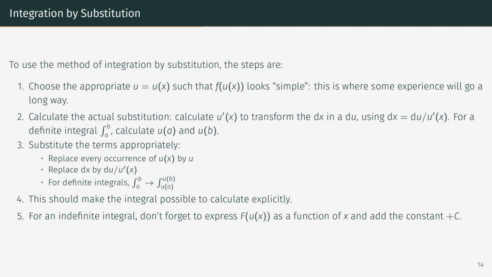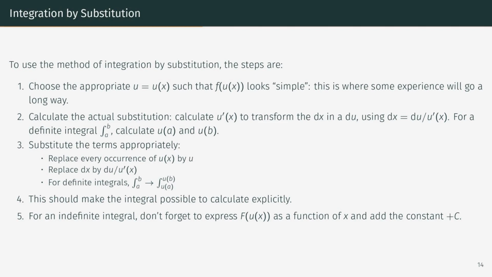Calculate the actual substitution. We do this by calculating u'(x) to transform the dx into a du using dx equals du over u'(x). For a definite integral, we also need to calculate u(a) and u(b).